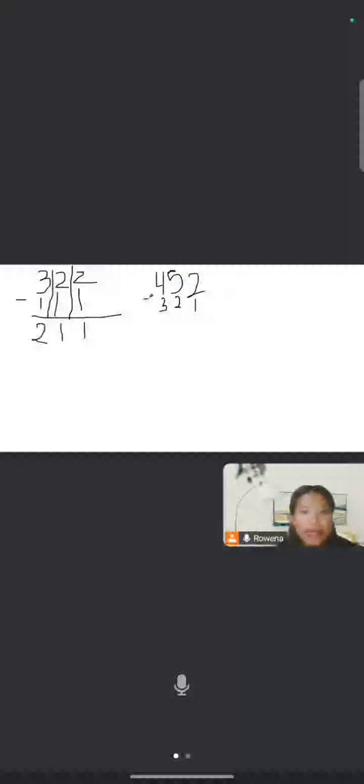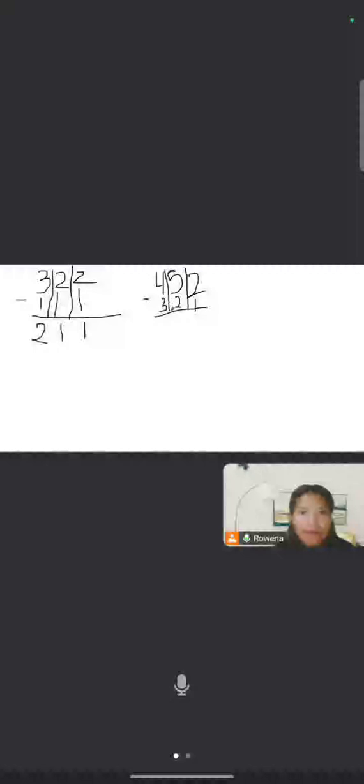Put the minus sign. Now put a line or a barrier. Remember, you need to put a line of a specific place value so that it's easy for you to get the answer.